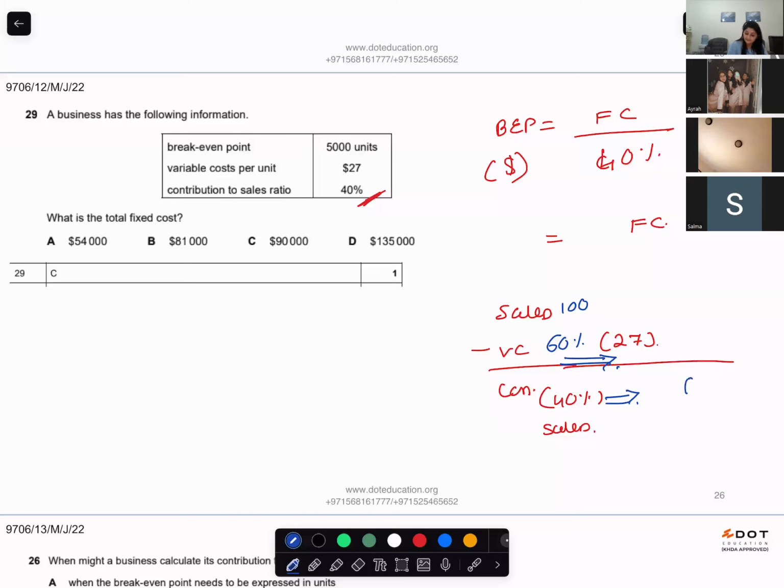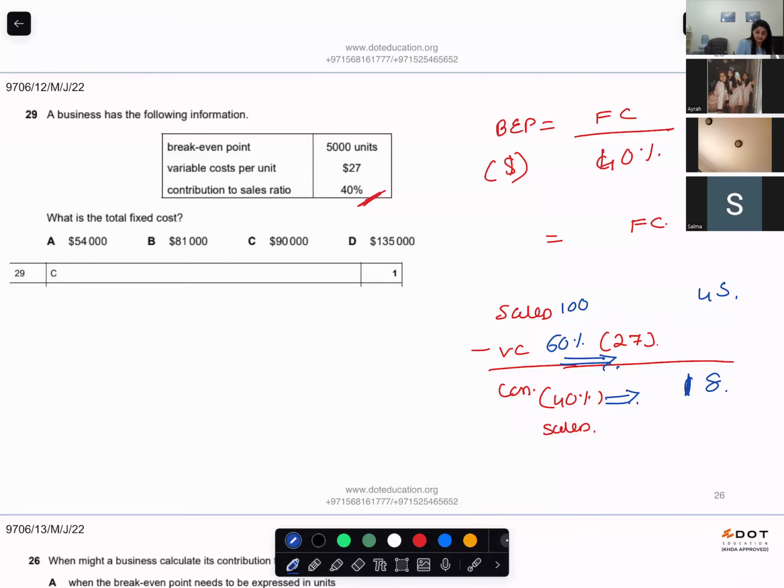$18? Are you with me? Yeah. So what is the selling price? 45? Yeah.